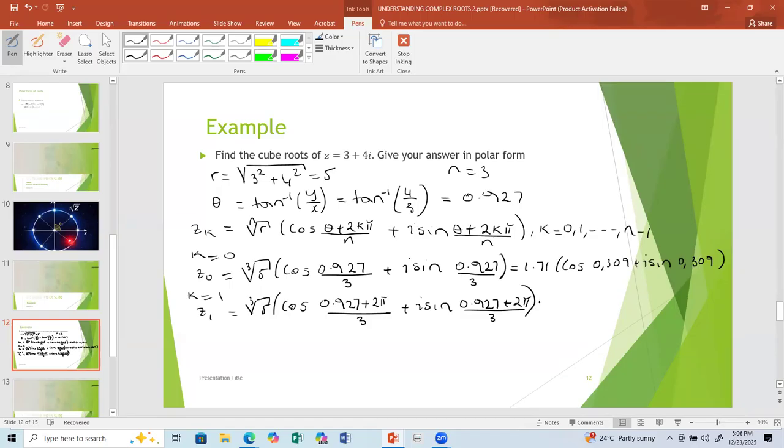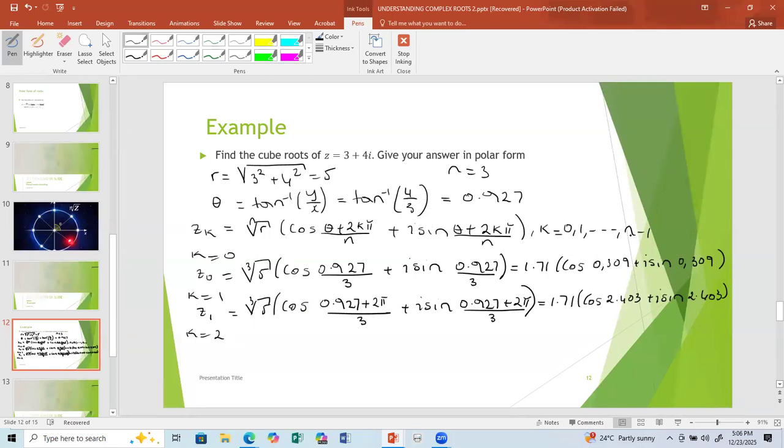After simplification, we obtain 1.71 times cosine of 2.403 plus I sine 2.403 radians.